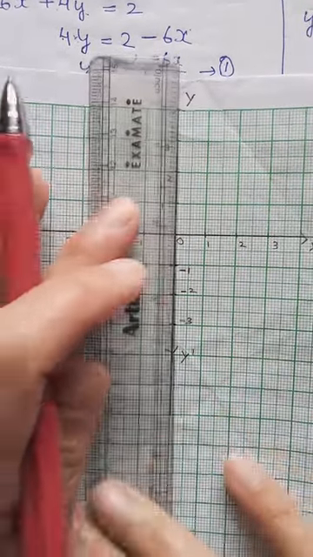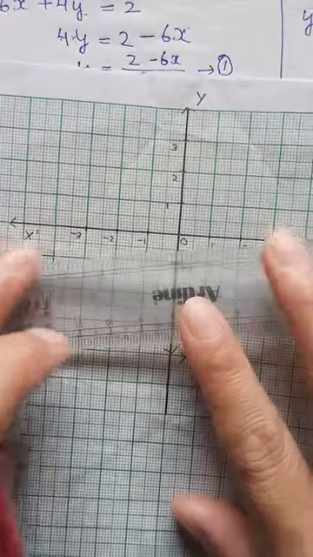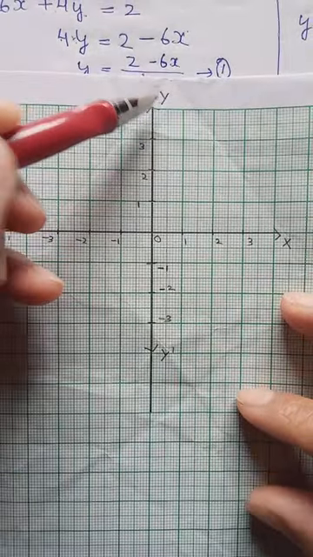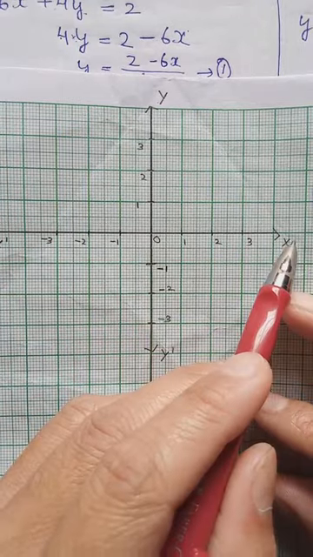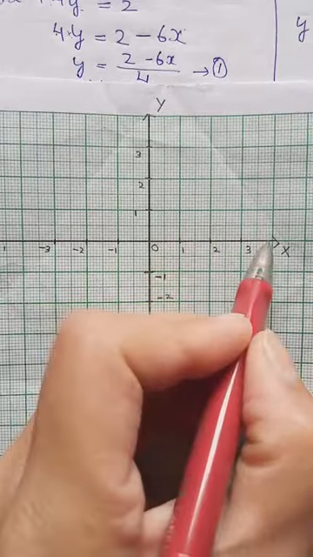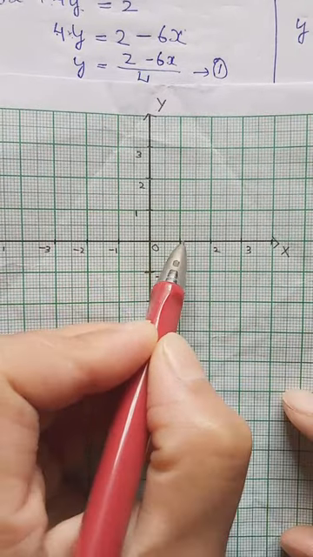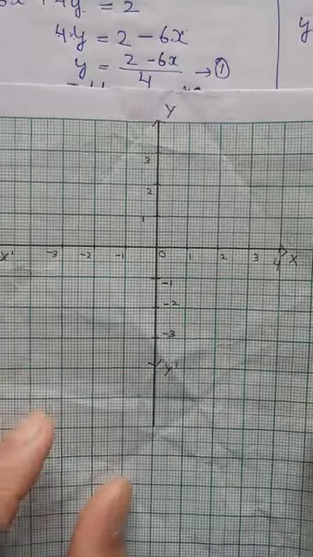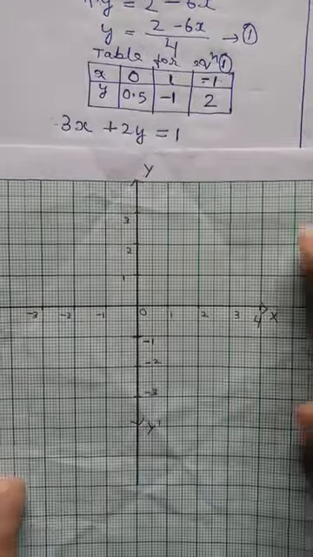You put it like that, and then here, and don't forget to mark the positive side y, y prime, x, x prime, the negative part. Then here we have to take up to 4. For each one you have to take equally. You mark it 4. So now we will start the plotting.